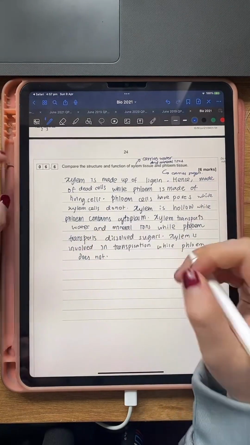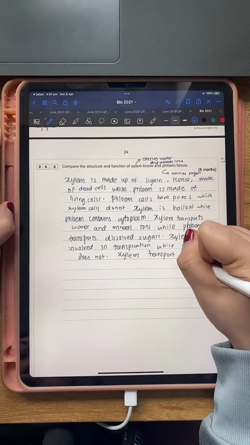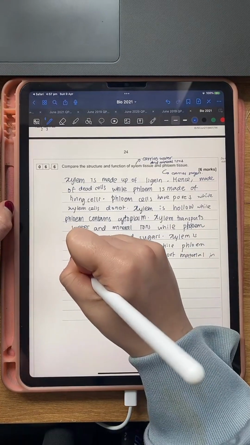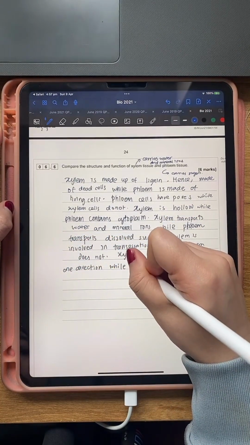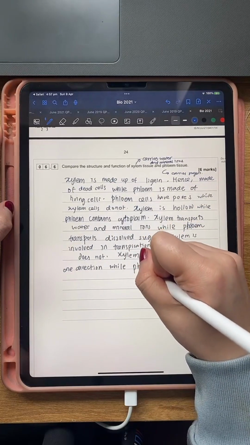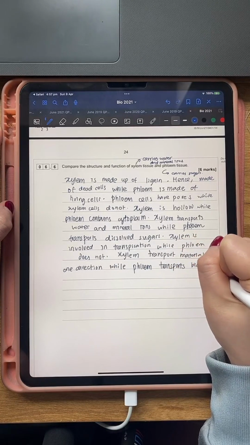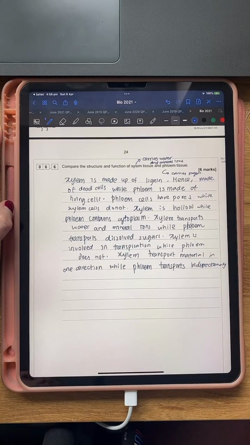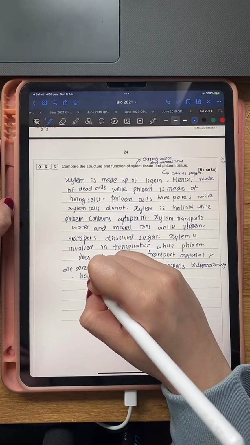This one's the most common answer, while phloem is bidirectional, meaning it goes in two directions. Phloem goes both ways, that's right. The similarity is that both transport liquids through the plant. Okay, we'll end there for today.